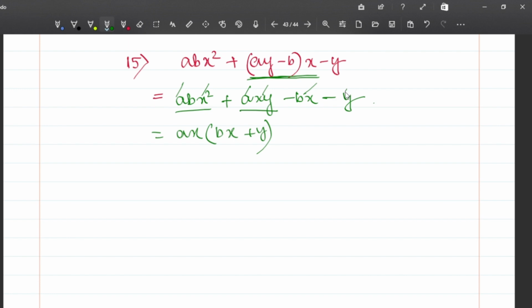So from the third and fourth term, 1 is a common factor. Practice every sum very carefully.